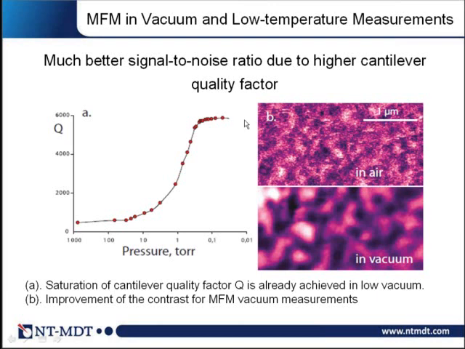You see that even at 0.1 torr, you are already almost at saturation, because at such pressure the losses determined by the air are comparable with internal losses of the cantilever itself. Therefore, it's not really necessary to have high vacuum from this point of view. However, as we will see later, for some applications, really high vacuum is necessary for MFM images.